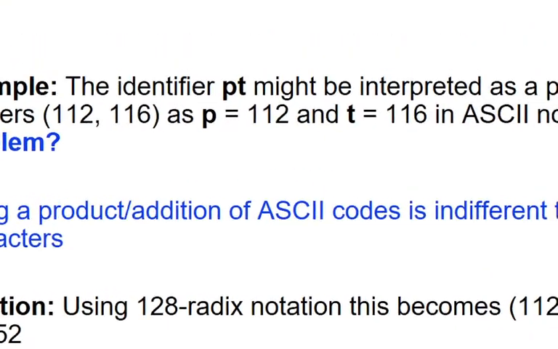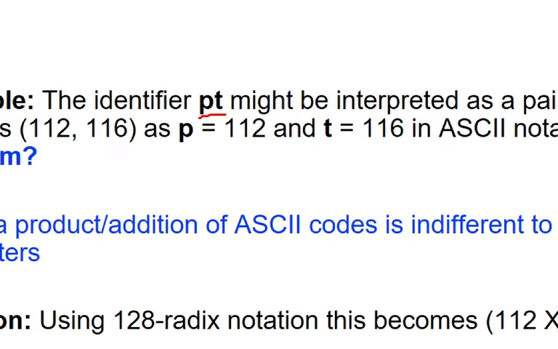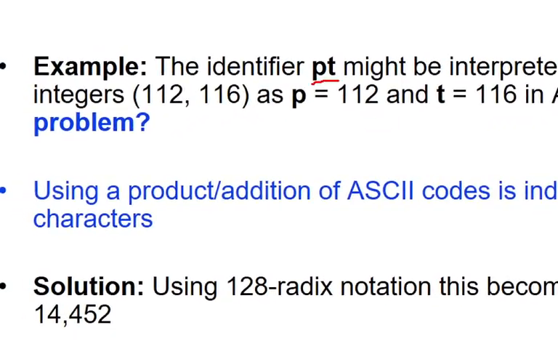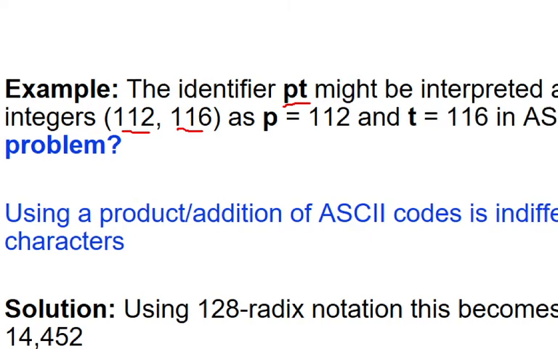Now for example, if you have a key, let's say it's PT, right? This is a key. Now what you can do is first of all get the ASCII values of these two characters. For example, P has the ASCII value 112 and T has the ASCII value of 116, right?